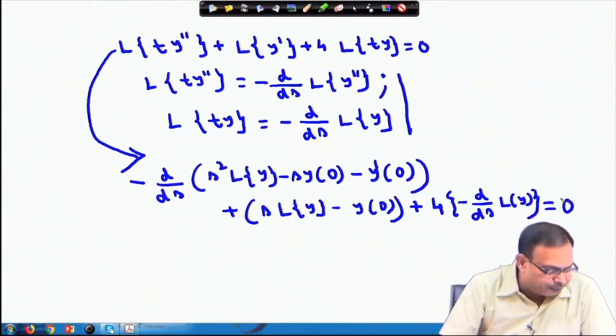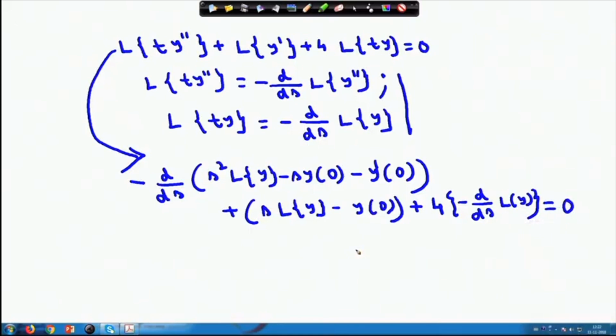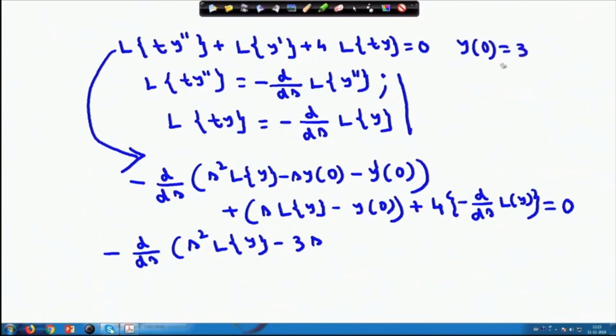So, basically the equation is equal to 0. Once I get it from here, I can substitute the values of y 0 and y dash 0 everywhere. It is given that y 0 equals 3 and y dash 0 equals 0.